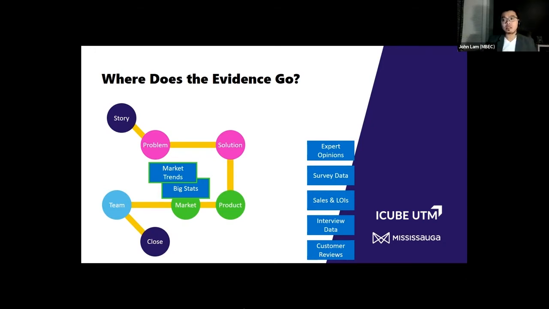And it doesn't go in the problem, because we're talking about the market, right? If you're talking about the problem trend, if you're tackling a health issue, say, and the problem trend is that more kids are vaping, right? That's not a market trend. That's a problem trend, right? So for something like that, yes, you can put that in the problem.